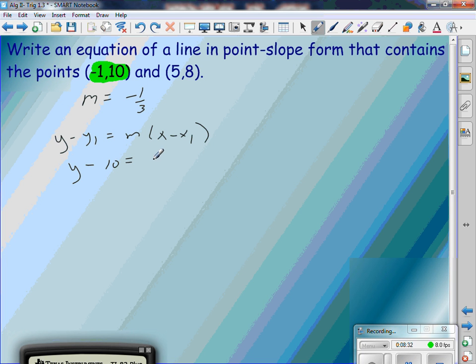Equals, what's m? Negative 1/3 times x minus negative 1. That right there is point-slope form.